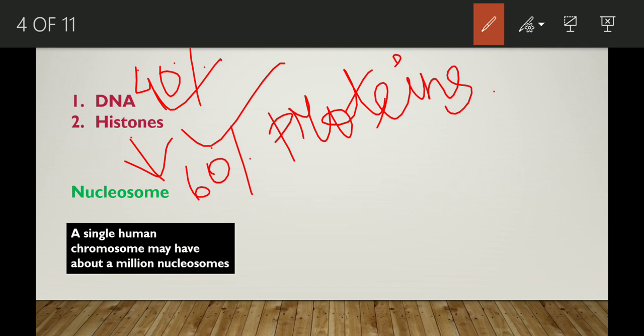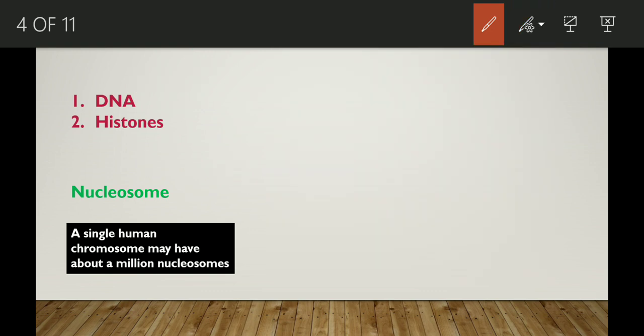Now the DNA strand winds around a core of 8 histone molecules. Just imagine a football, and around that football a long rope is wound with one or two loops. Suppose these are the histone molecules, 1, 2, 3, 4, 5, 6, 7, 8.